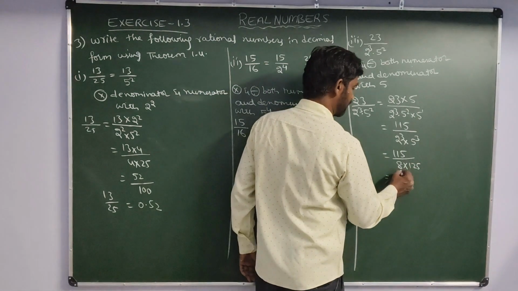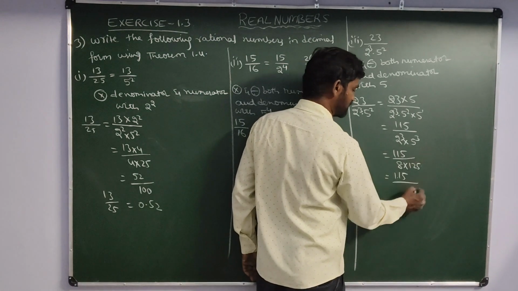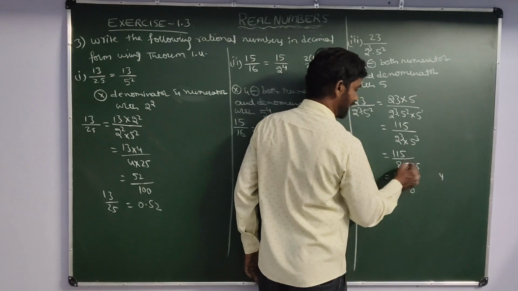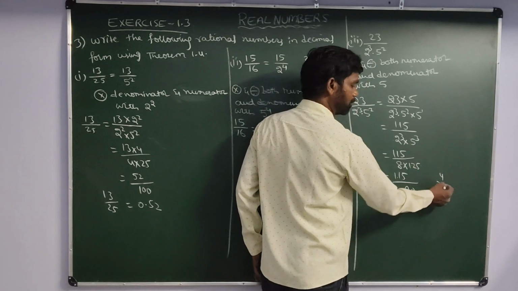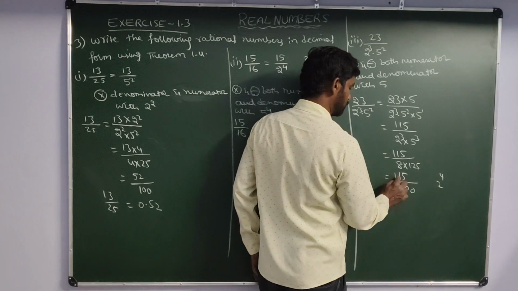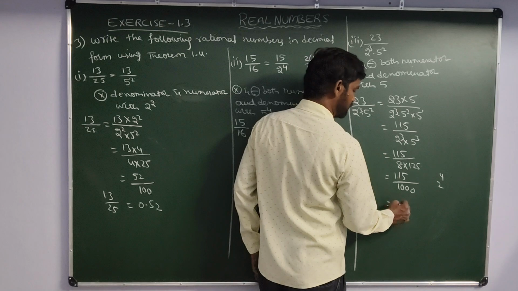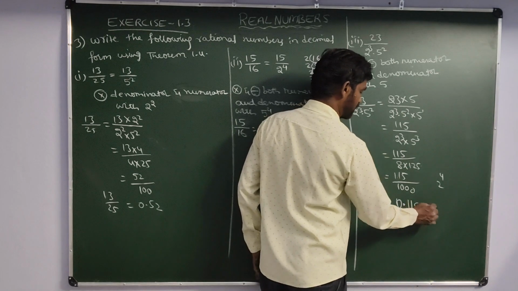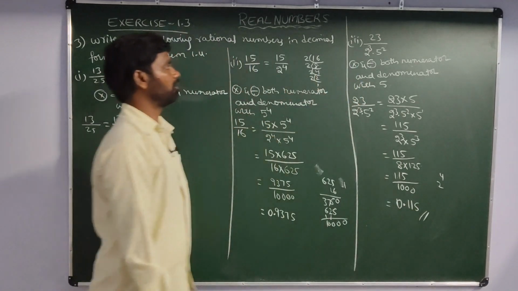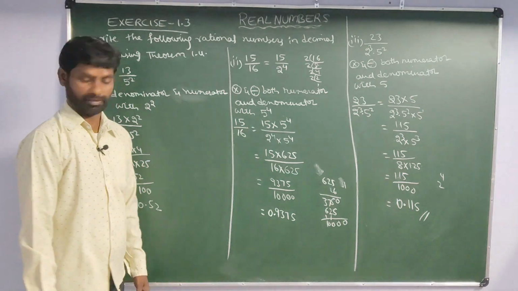Okay. So 115 divided by 8: 8 5s are 40, 4 remains. 8 2s are 16 plus 4, 20, 2 carry. 8 1s are 8 plus 2, 10. So our answer is 0.115. So this is the decimal form of 23 by 2 cube into 5 square.